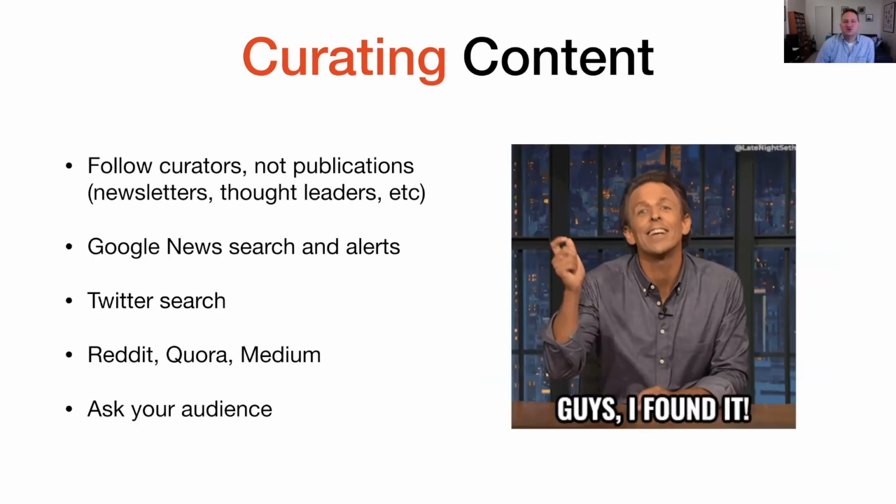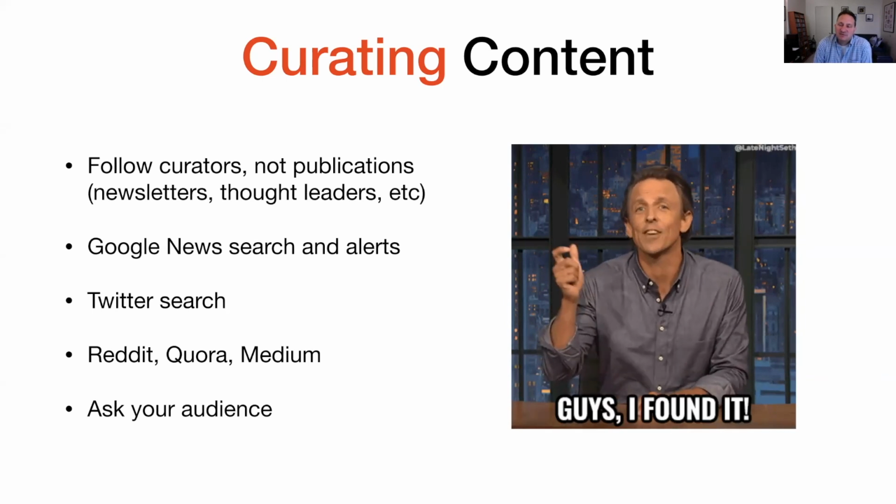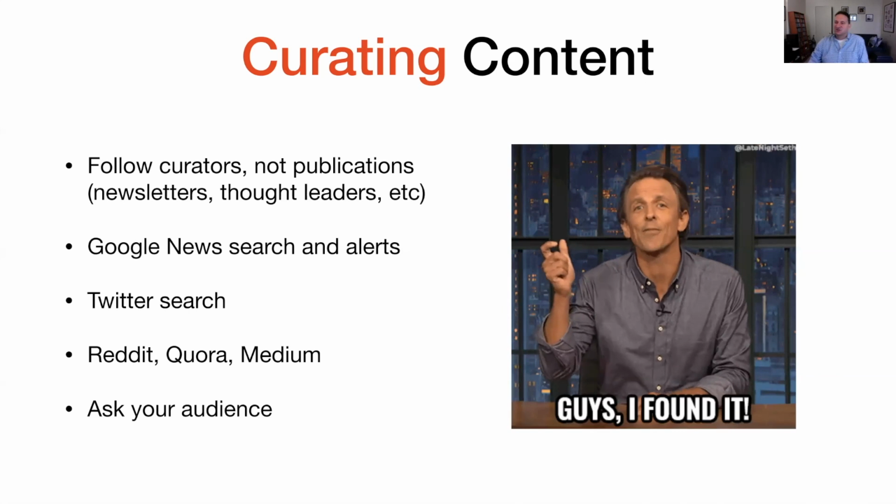Curating content. So we just talked about how to create stuff. This is some tips on how to find stuff to feature. In general, you're going to be better off following curators, not publications. So other newsletters in your space are a fantastic source. Thought leaders. If you're following people on social media, following an individual journalist is better than following the publication.